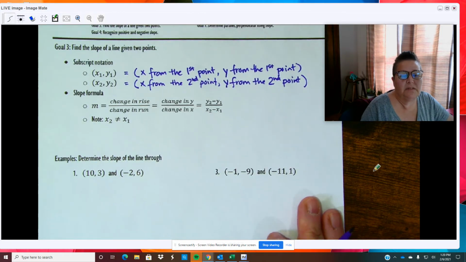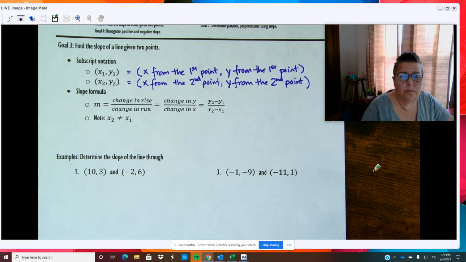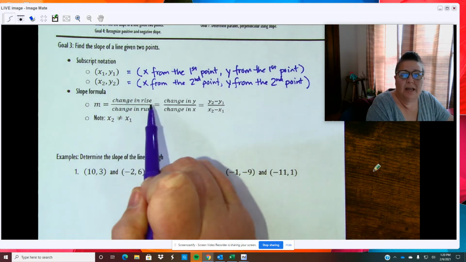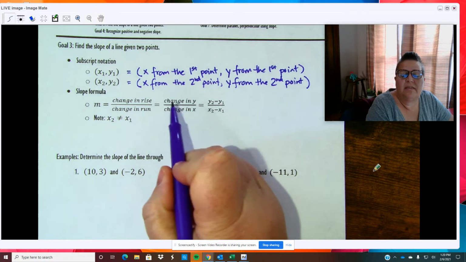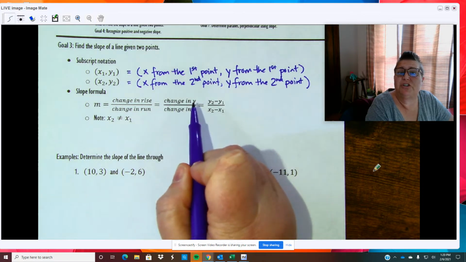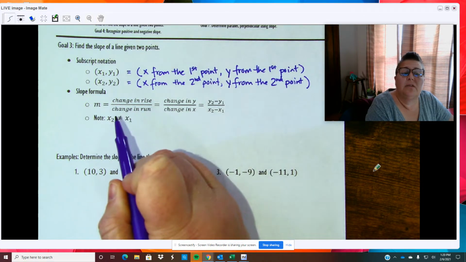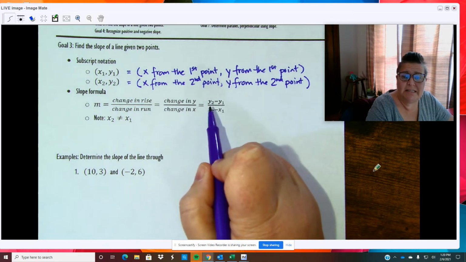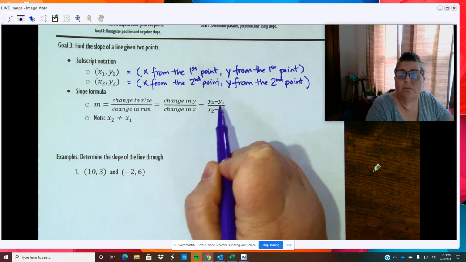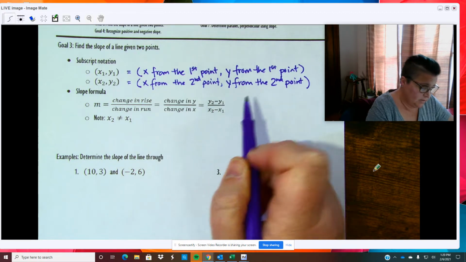All right. So the formula for the slope is the change in the rise. And since our rise is determined by our y values, that means we need to determine the change in the y values. The change in the run, that's the across, is the change in our x values, because our x values determine whether we're moving left or right. Notice I have listed this as y2 minus y1 over x2 minus x1.